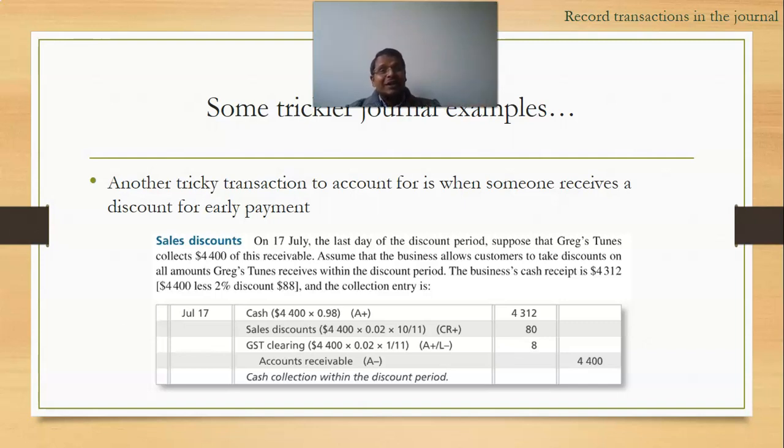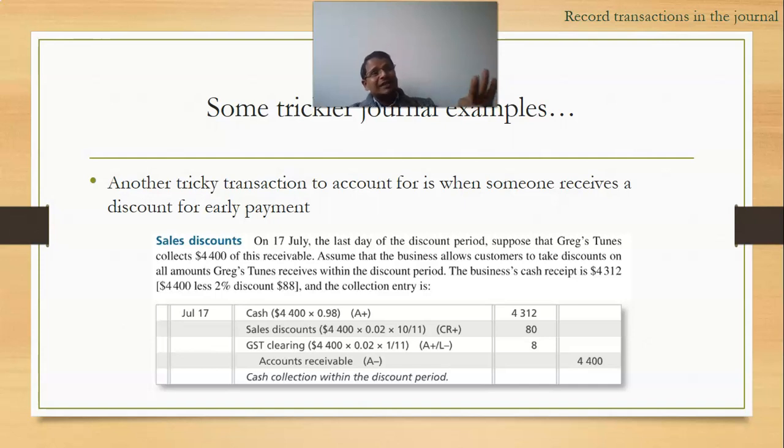88 discount, and 10% of 80 is the sales amount, and 10% is 8. So 8 is the loss of government's money, that is GST, VAT.